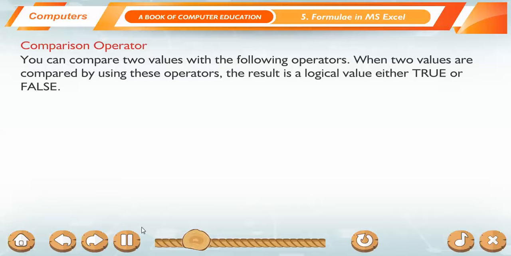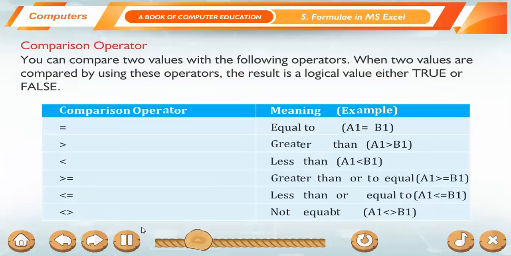Comparison operators. You can compare two values with the following operators. When two values are compared by using these operators, the result is a logical value, either true or false. Comparison operators and examples: equal to, A1 is equal to B1. Greater than, A1 is greater than B1.